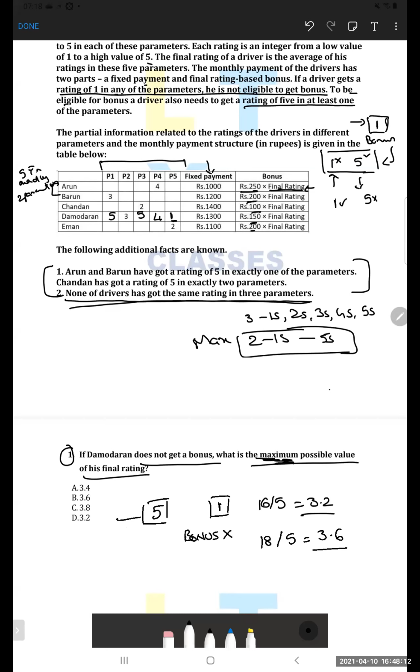Or we don't give him 5 at all and maximize by using 4s and 3s. So in the first scenario, as Sagar said, we got 16. In the second scenario, when I use 5s, I got 18. So out of these two, which is the highest value? 3.6. So the answer is B. And there is no other scenario possible because any other scenario that you put will be less than 18.